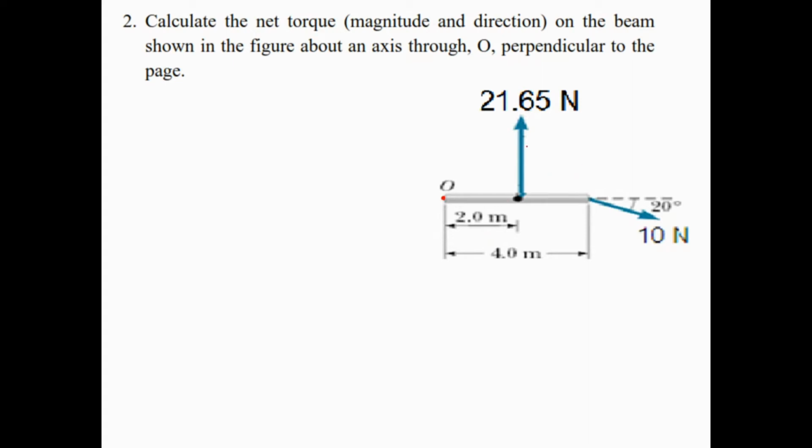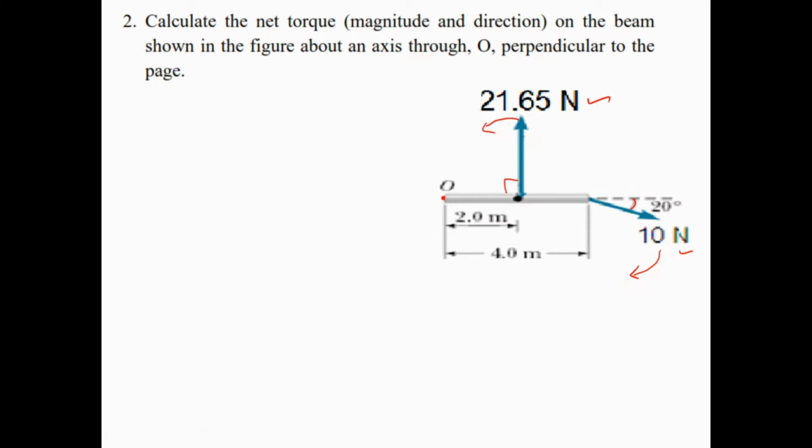So you have to apply the rule for the torque for this force as well as this force. Now this is our beam. Based on the beam, the angle for this 21.65 Newton is 90 degrees, but for the 10 Newton force, the angle is mentioned as 20 degrees. Generally, the torque moving in the clockwise direction has the negative value, and the torque moving in the counterclockwise direction has the positive value.